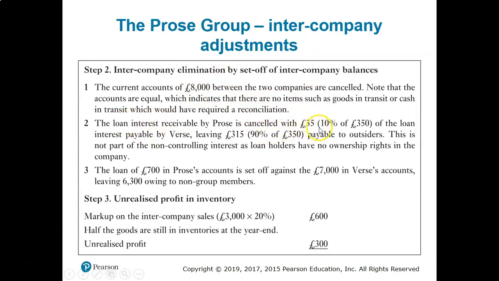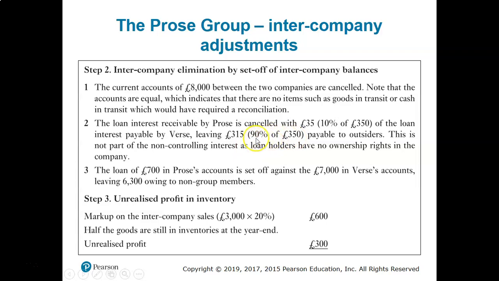And the interest amount due is 350. Out of this 350, 10% is the interest receivable by the parent, that is 35 pounds. This 35 pounds is recognized by the parent as receivable, and 35 is recognized by the subsidiary as payable. So this is also an intercompany transaction, and it also needs to be omitted from the group accounts.